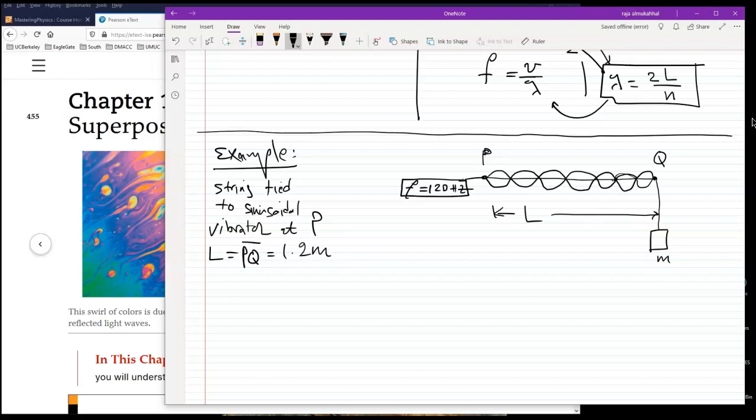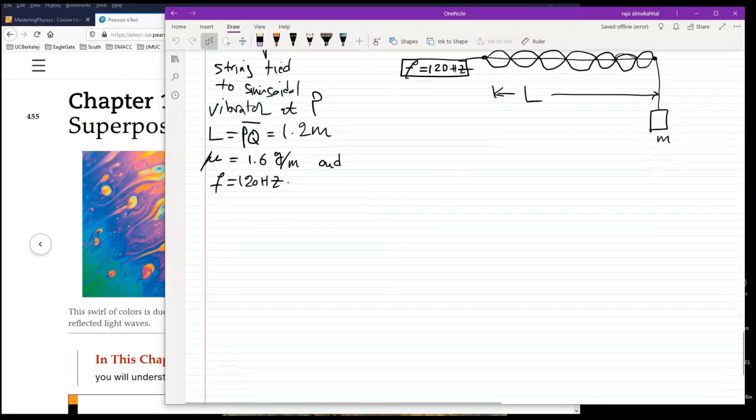Okay, the linear density of the string is 1.6 gram per meter, and the frequency of the vibrator, I already told you that, is 120 hertz. And he said nodes exist at Q and P. Okay, fine.